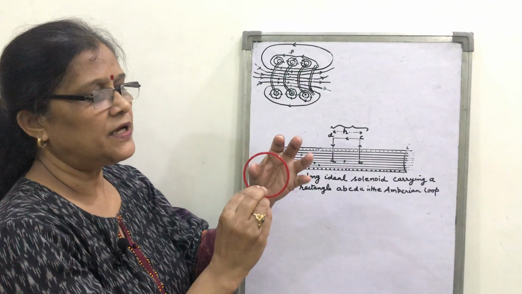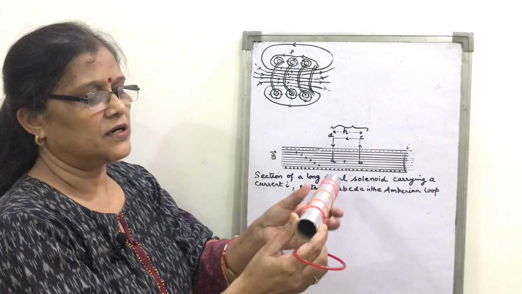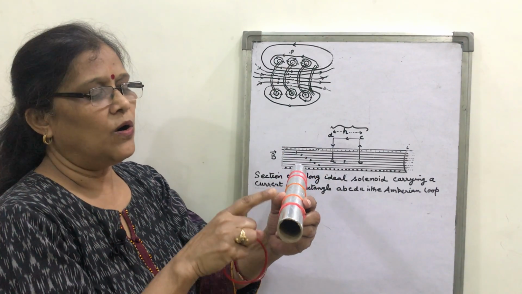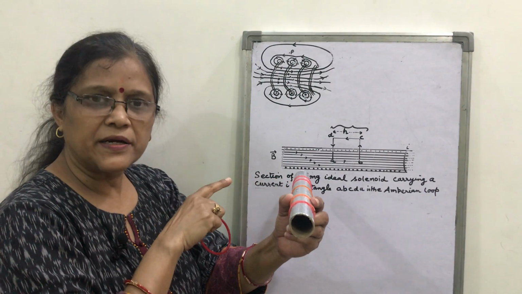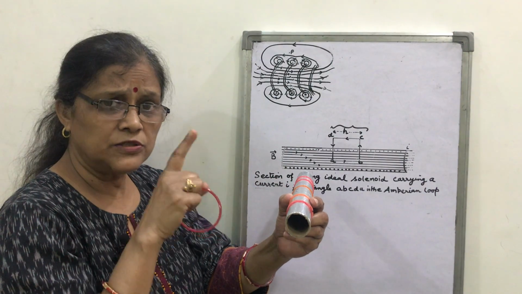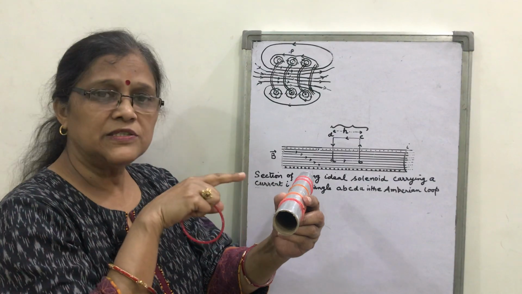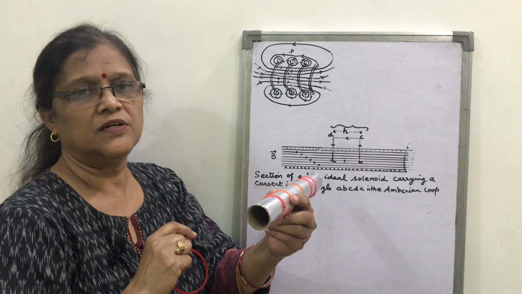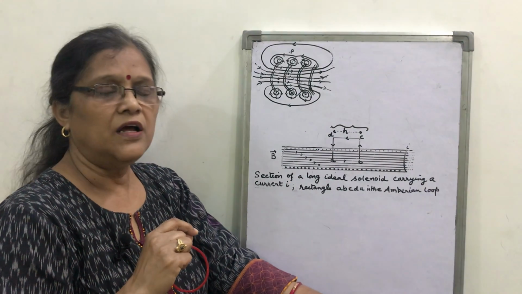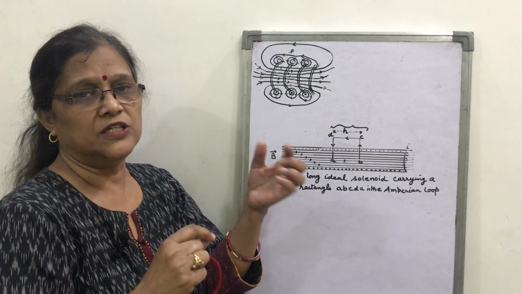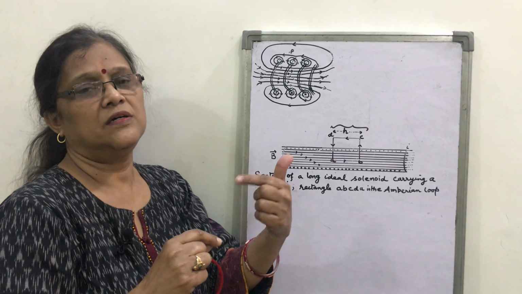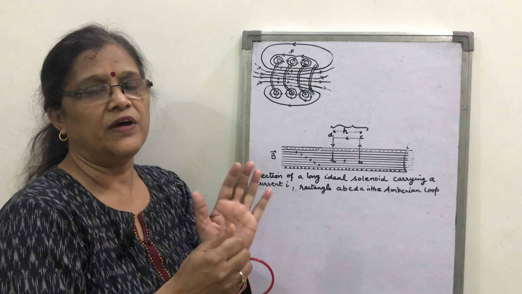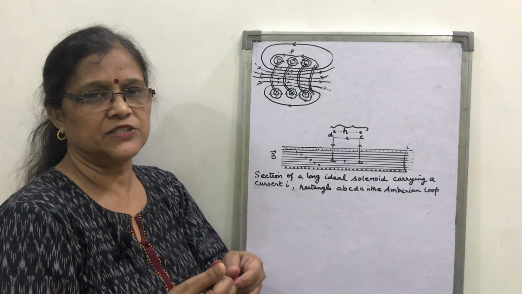Here many loops are there, and the current flowing through them is like this, so all the loops will have their magnetic fields. The vector sum of all these magnetic fields is the magnetic field of a solenoid. So a solenoid is a long wire wound on a china clay or cardboard tube in the form of a helix. A solenoid is a long helix.